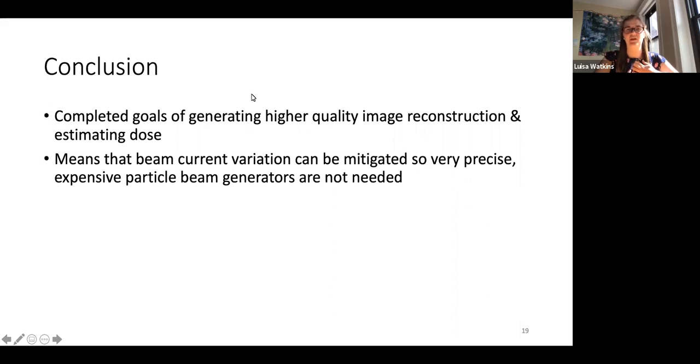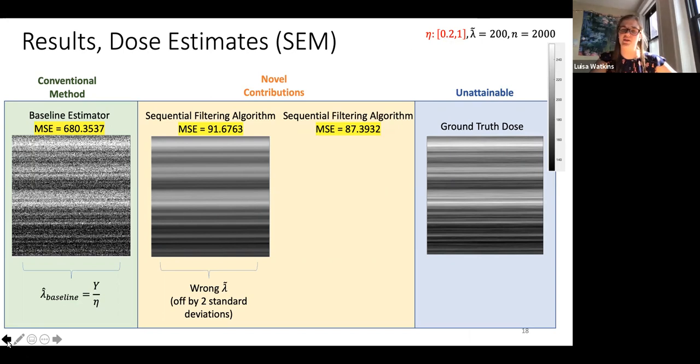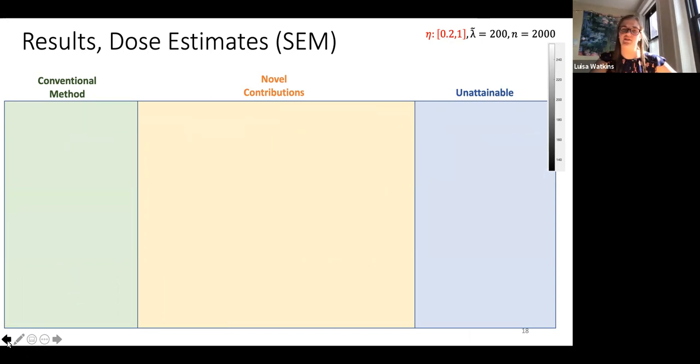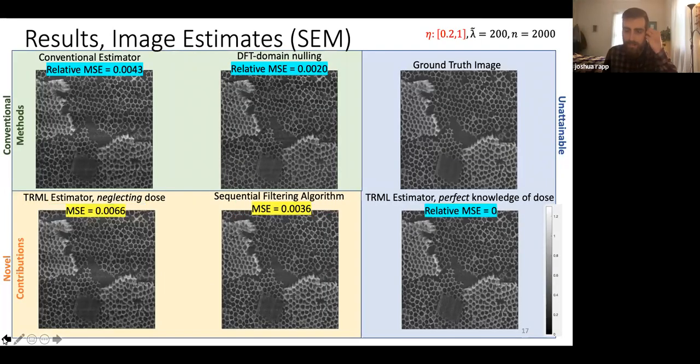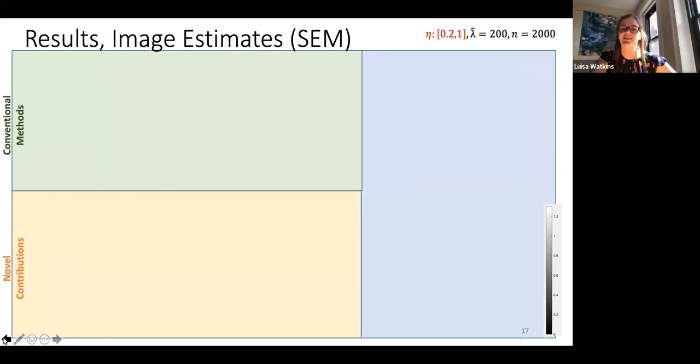So for example, because they were in the top corner, I use a larger constant value, like the mean of the dose is larger when I have the smaller eta values, versus all the way back. This is still the same one. Sorry, there's a lot of animations. Versus here, it's smaller.